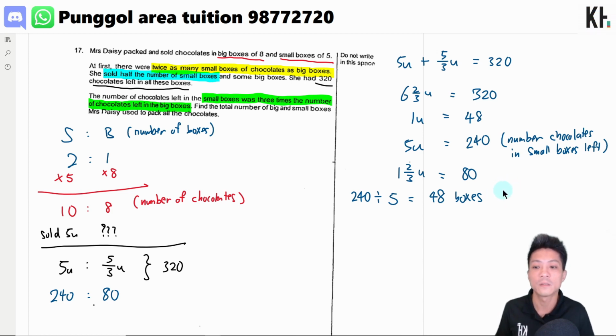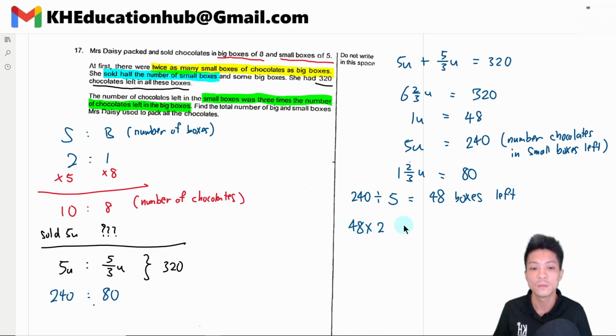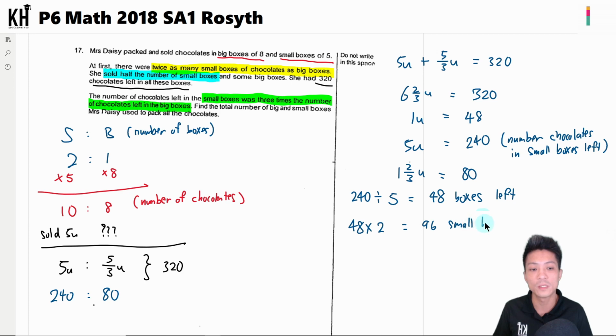This is 48 boxes left. So 48 times 2 is 96 small boxes at first.